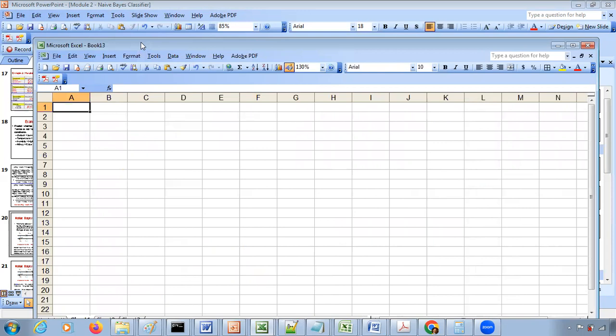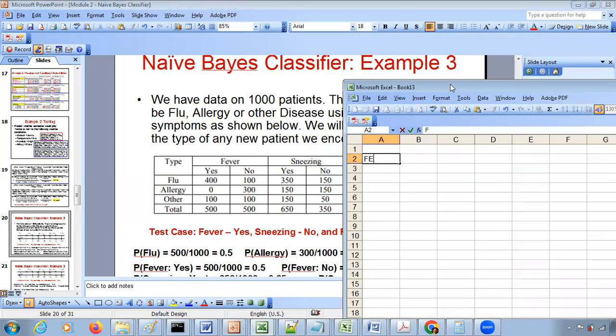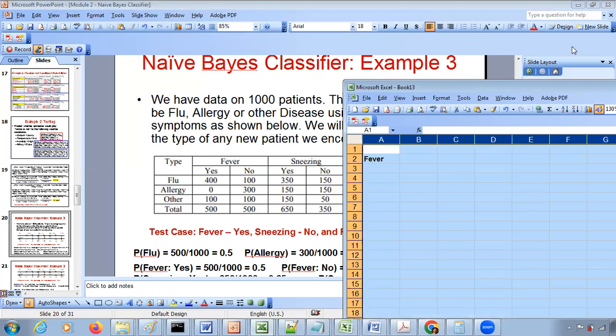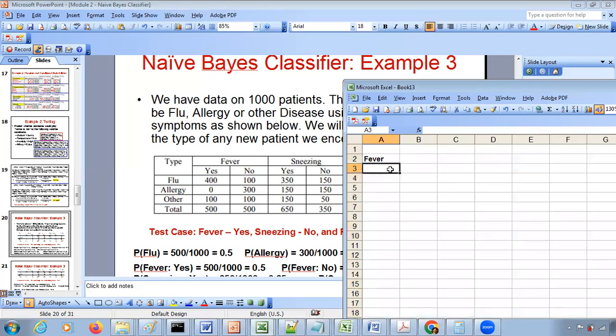So the features here are fever, runny nose, and sneezing. So we'll start with fever. The fever values are yes and no. This 500 overall had yes and 500 overall had a no for fever.